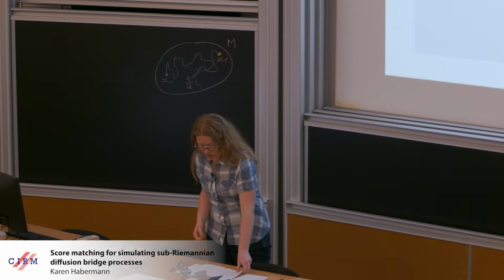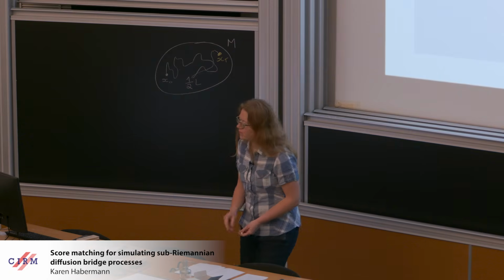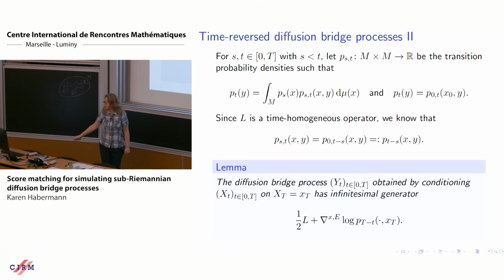The one thing I want you to get a bit familiar with is this additional term. The diffusivity of your bridge process, how it fluctuates around on very small scales, is still going to be dominated by this sub-Laplacian. But the one thing which changes is that we now have this additional drift term.